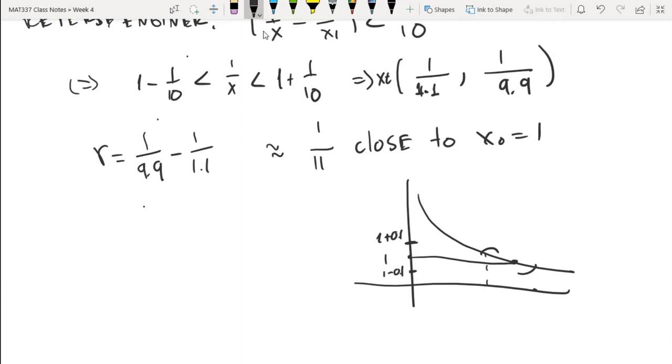And so to do that, we have to come close within 1 over 11. Is that okay?